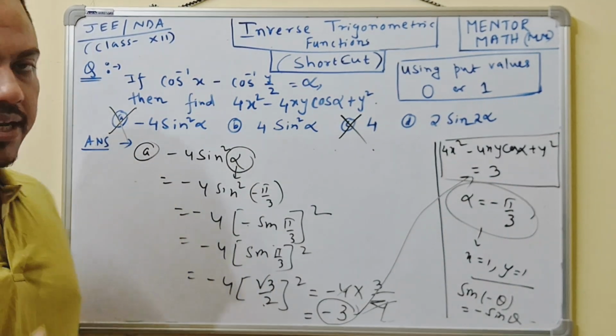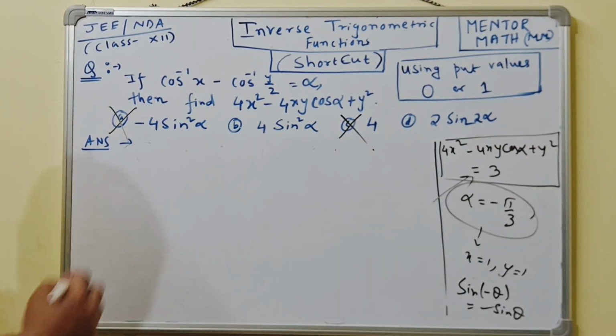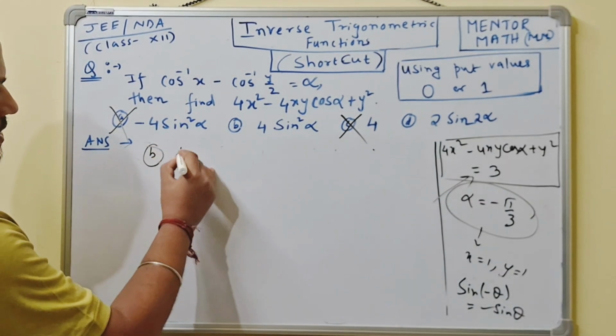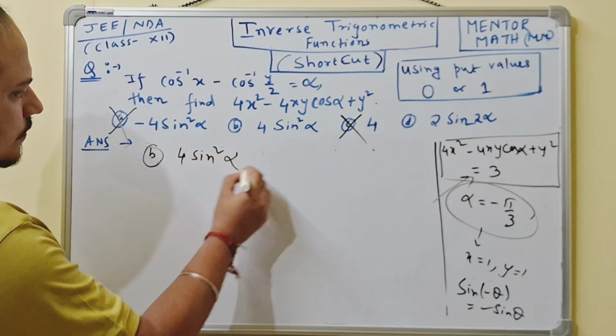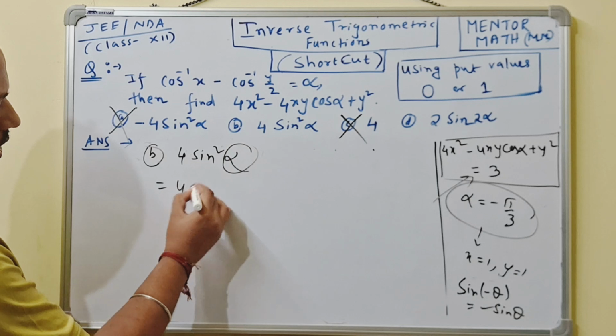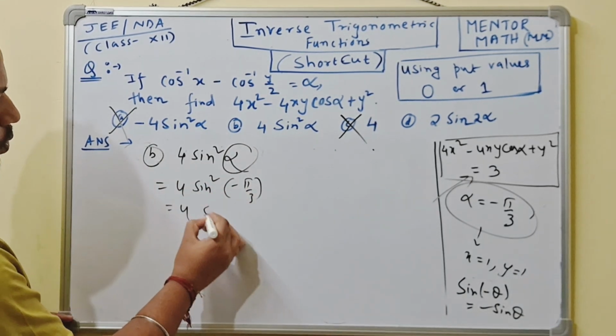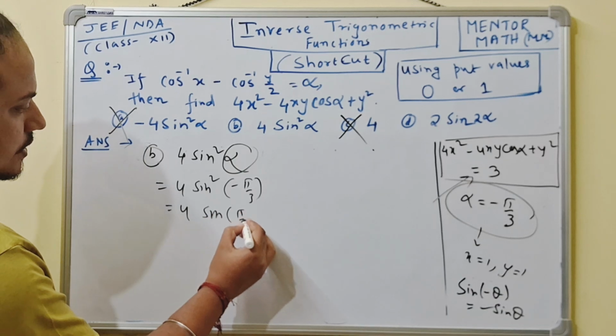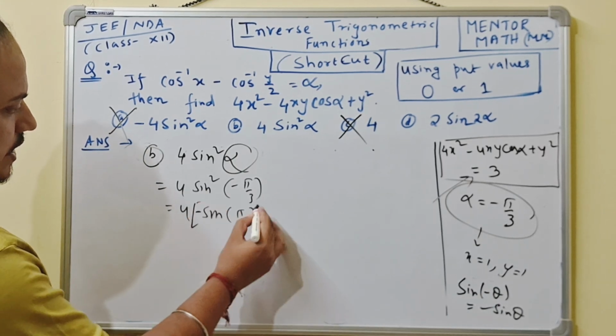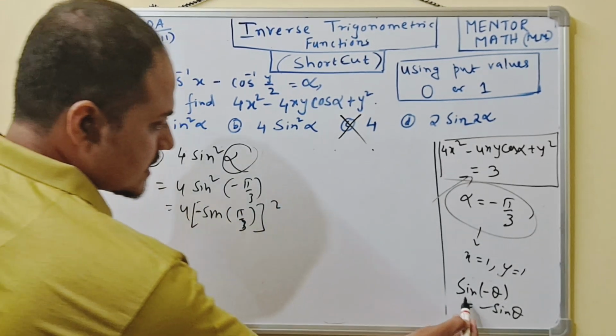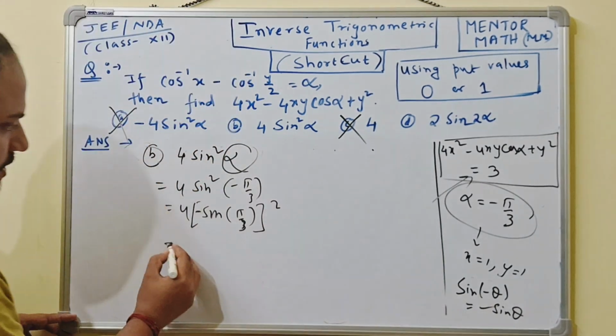Okay, note please. Now come to your second option, that is option B, 4 sin² α. So now you can substitute α. 4 sin² α means 4 (sin(−π/3))², because you know that sin(−θ) is equal to −sin θ.